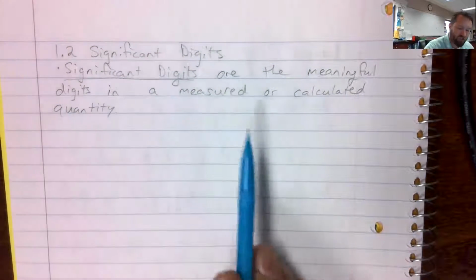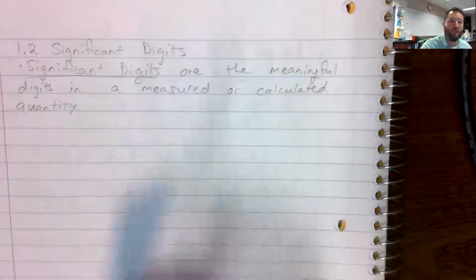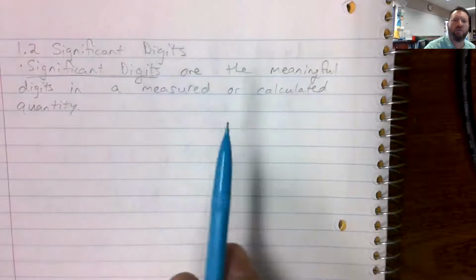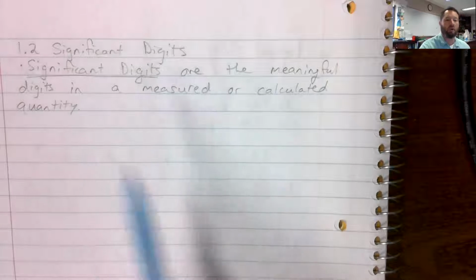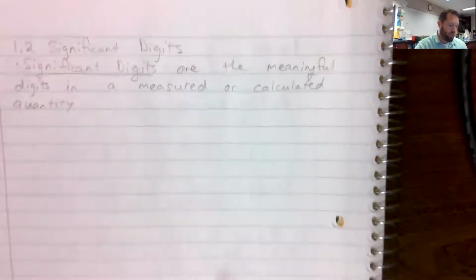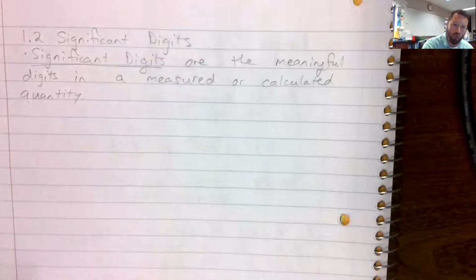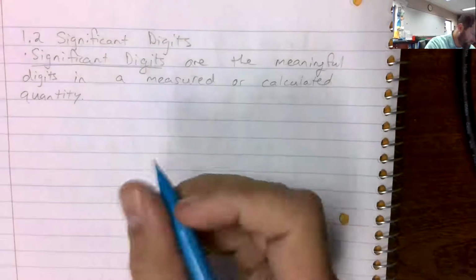So significant digits are the meaningful digits, the important digits, in a measured or calculated quantity. And that's going to be important, that we're looking at measured or calculated. We'll talk about defined quantities and exact quantities and counted quantities in a few minutes here. So important though that the significant digits are only when you're measuring or calculating numbers.